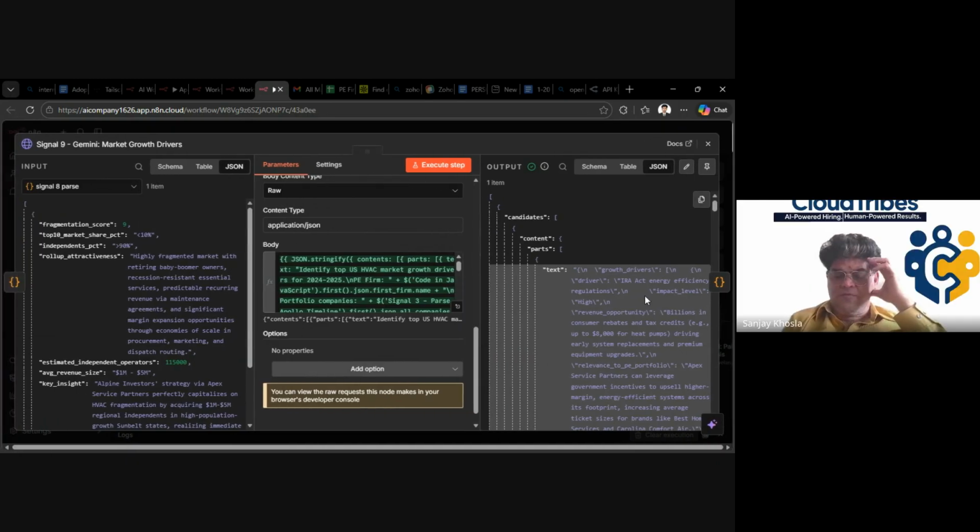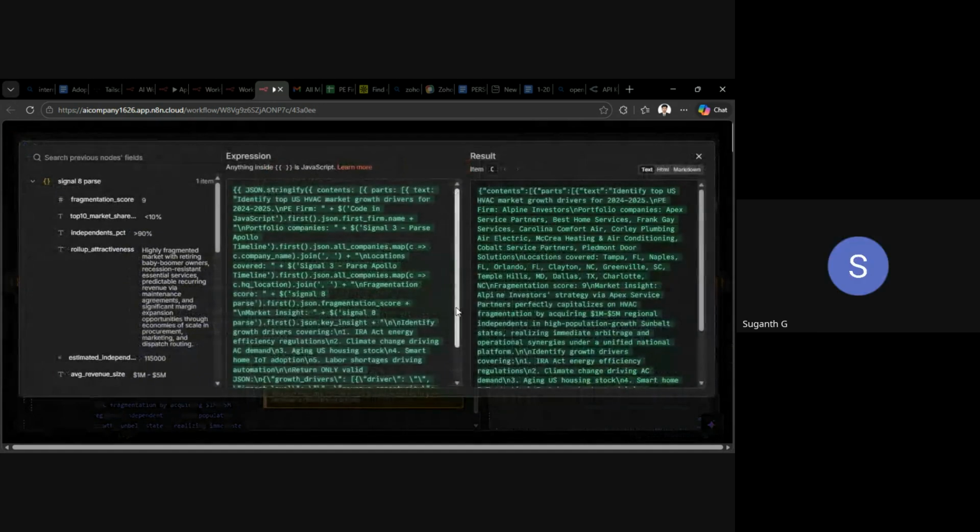Are there any specific filters where you define a market growth driver? Yes, sir, we have used these filters. Identify top HVAC market growth drivers for 2024 to 2025.